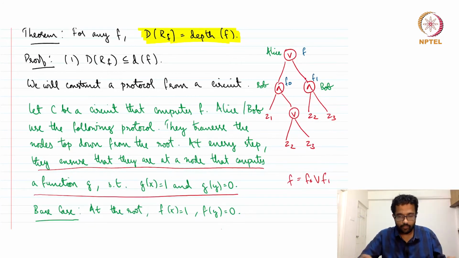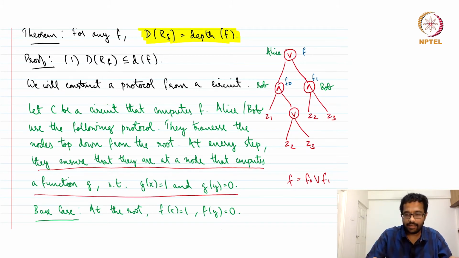So for all the AND gates, we said that Bob speaks, and we said what Alice or Bob will send at this node. Initially they held x and y: Alice held x, Bob held y, such that f of x is equal to 1 and f of y is equal to 0, where f is the function computed at the root node.